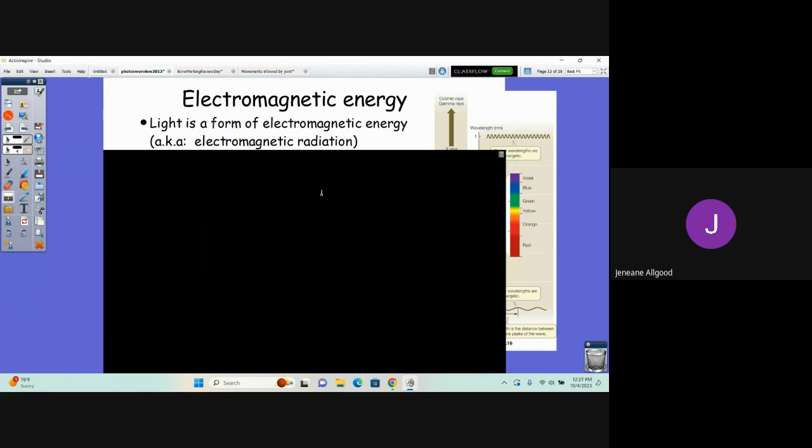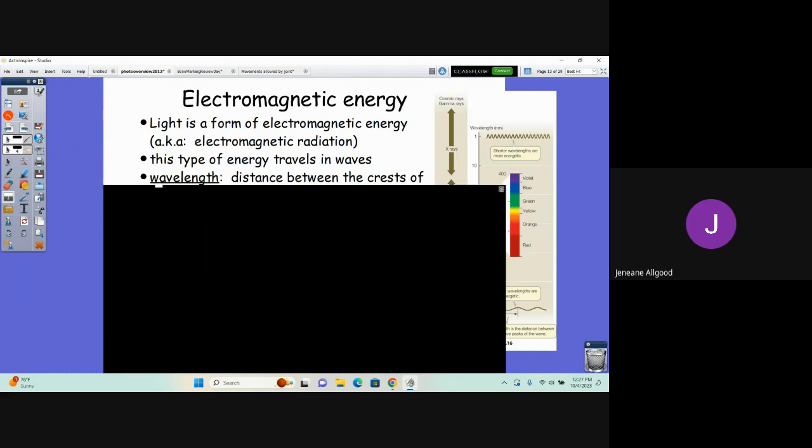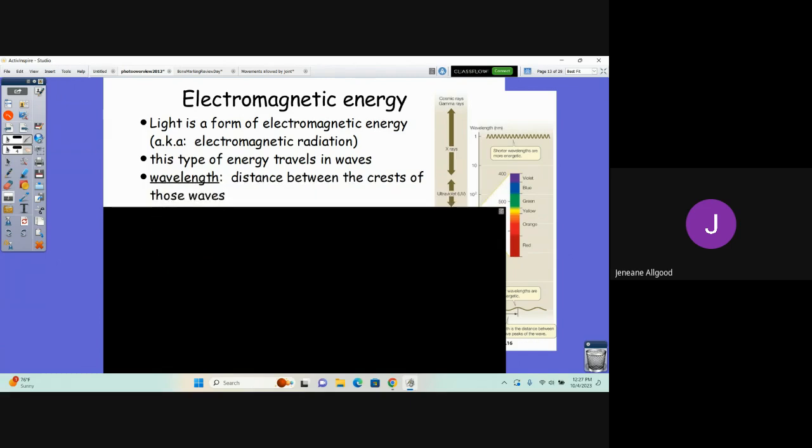Okay, so electromagnetic energy, light is a form of it, the visible light spectrum. This type of energy travels in waves.